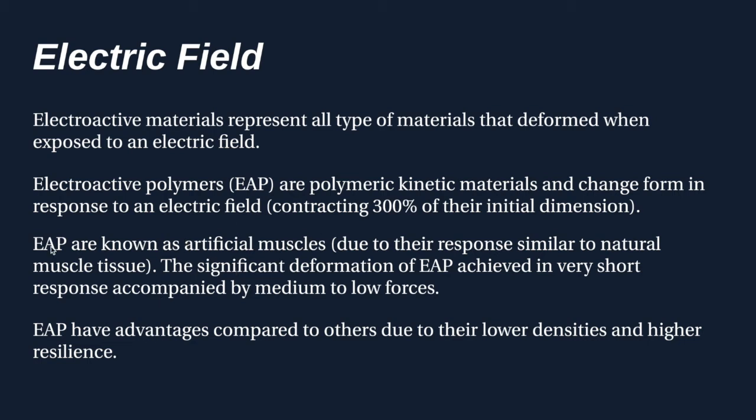This is also used as artificial muscles, because the response is similar to muscle tissue. We use these polymers for muscles because they have lower density and higher resilience, and you can design the polymers to be like fiber strands in muscles.